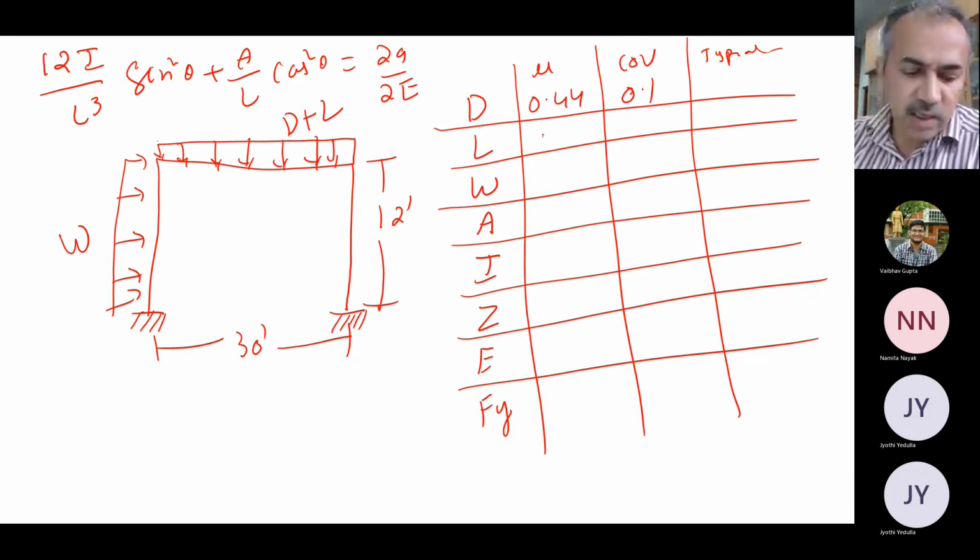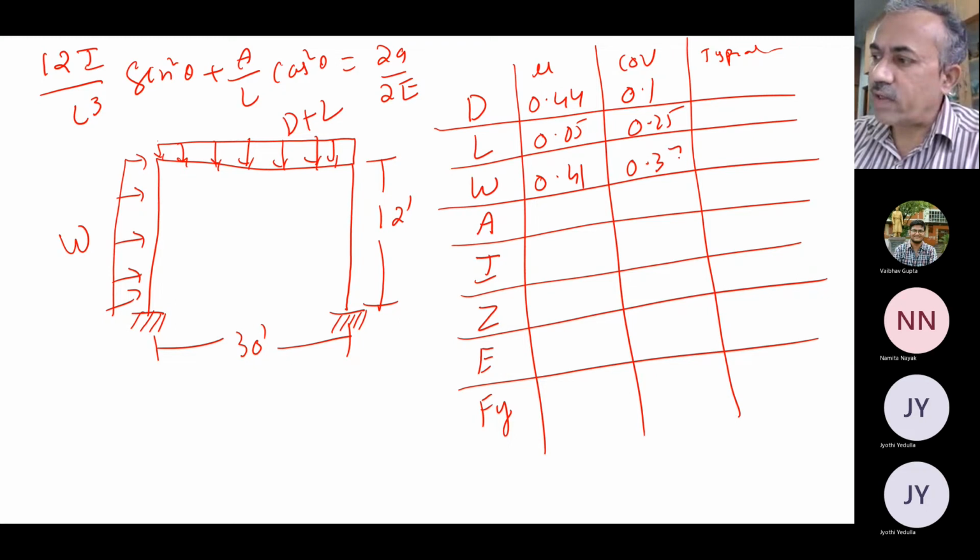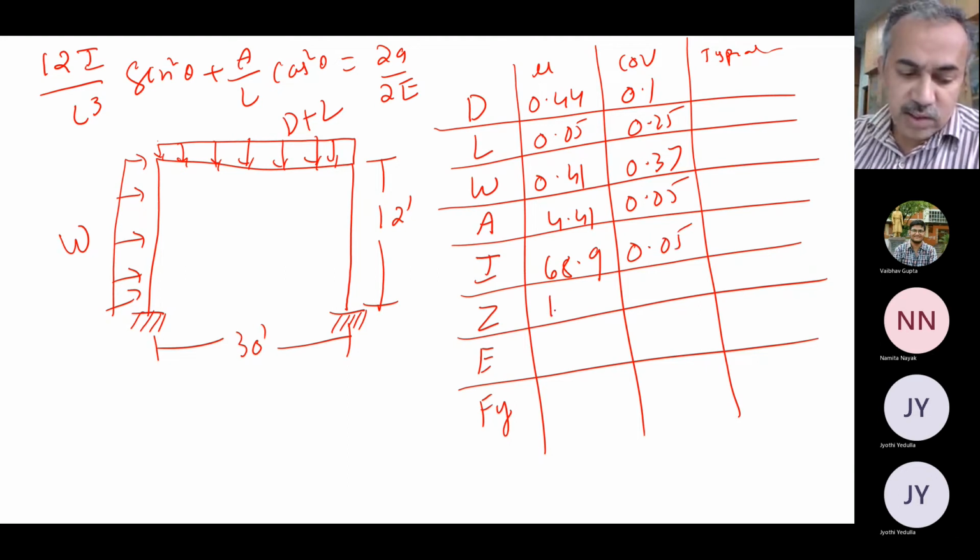So 0.1, then 0.05, 0.25, then 0.41, 0.37, then area is 4.41, then it is 0.05, then 68.9, and then 0.05, then 16, then 29,600, and then 39.6.